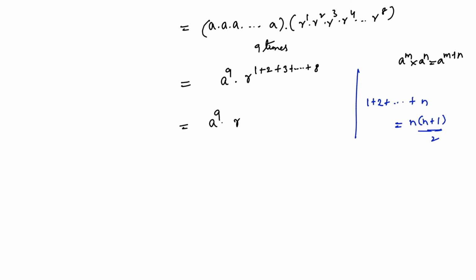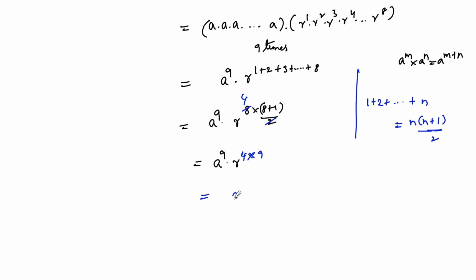Here 8 natural numbers are there, so the sum is 8 into 8 plus 1 by 2. So we have a to the power 9 into r to the power 8 into 9 by 2, we can cancel 2 four times, so 4 into 9.